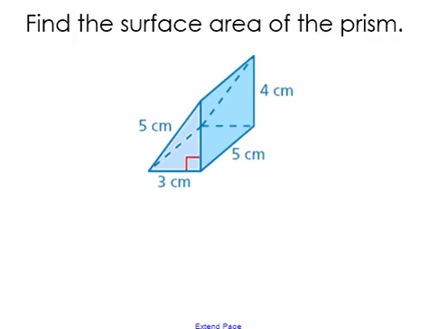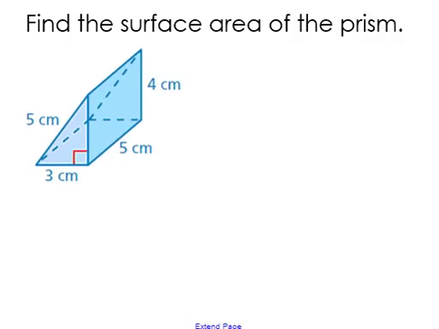All right, final example, we have another triangular prism, and we'll do the same thing where we find each of our 5 areas. So this first base, still a triangle, and we have dimensions of 3 centimeters by 4 centimeters.